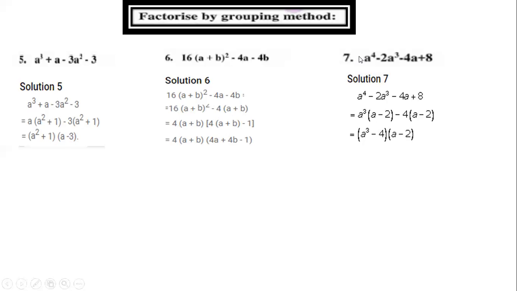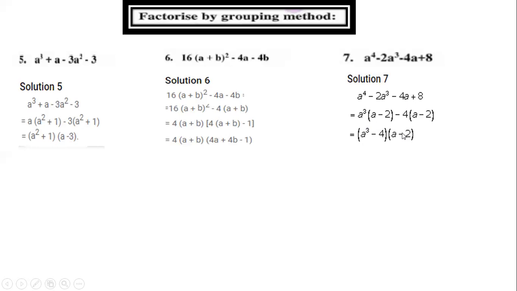Come to the question number 7. a⁴ − 2a³ − 4a + 8. Take out a³ from first two terms and we are left only with a − 2. Take out minus 4 common from third and fourth.